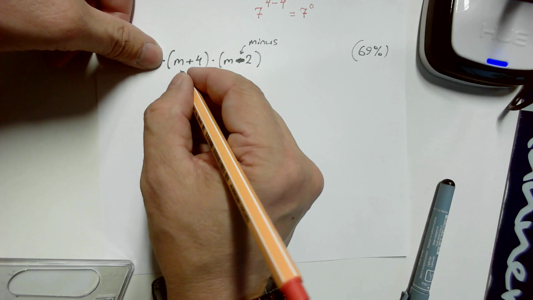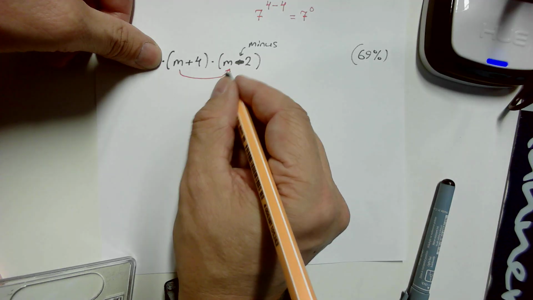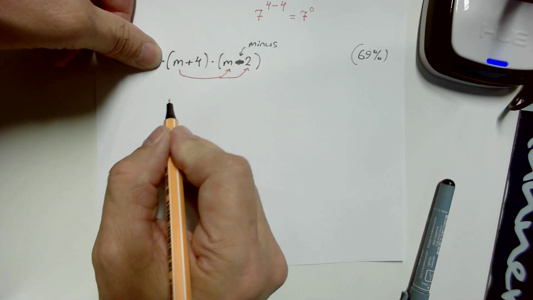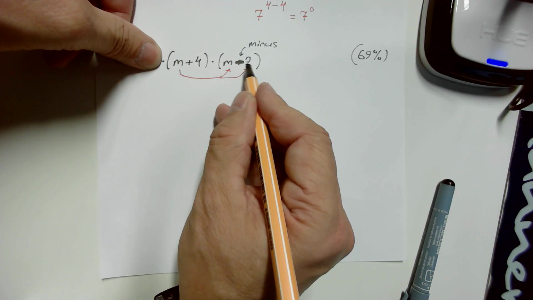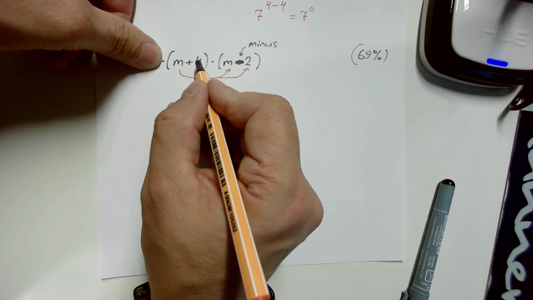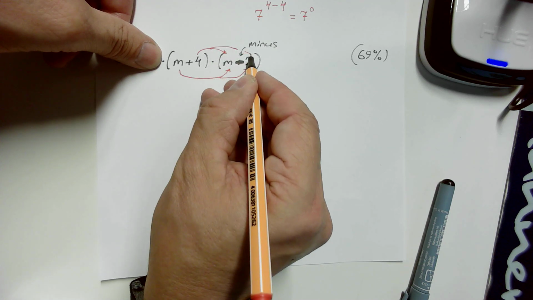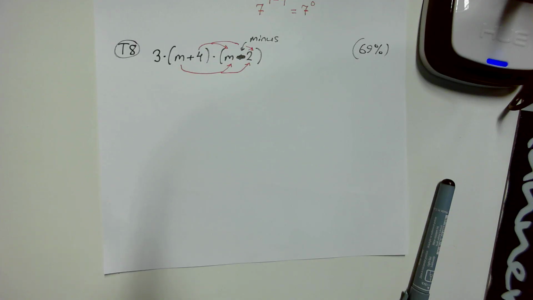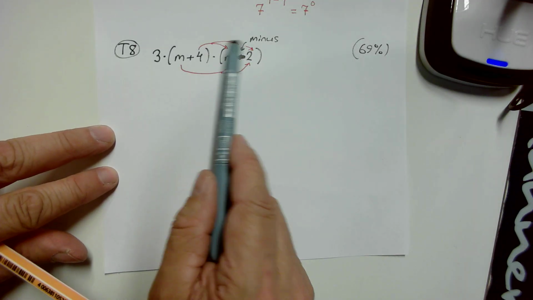So I will do it so that these m's will be multiplied together, and then m and minus 2. So this will be multiplied with each of these, and then this 4 will be multiplied with each of these. So there will be 4 multiplications when we do that.